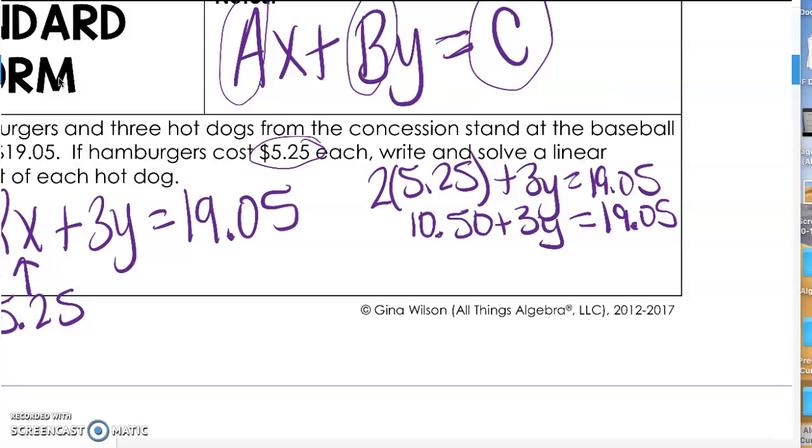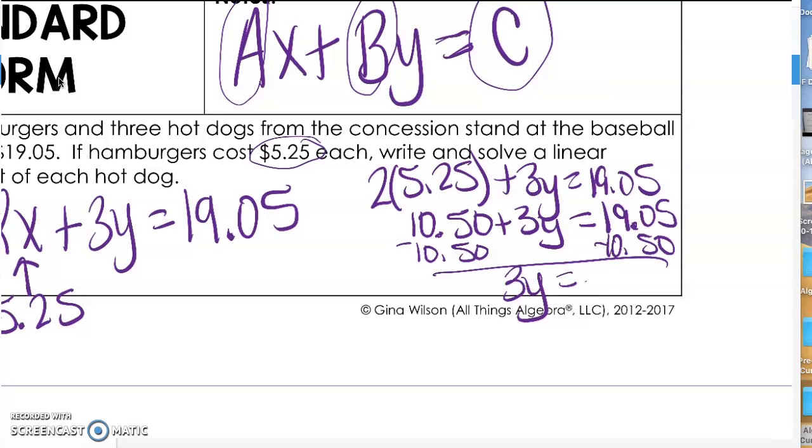So how much was each hot dog? So then you subtract 10.50 and we get 19.05 minus 10.50.